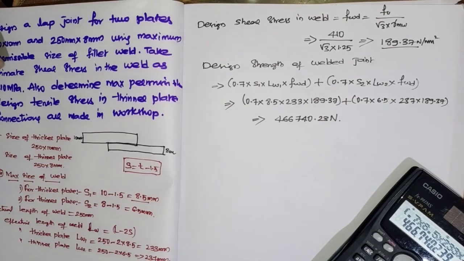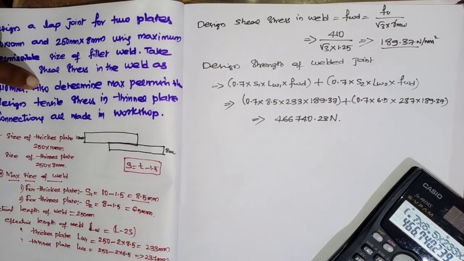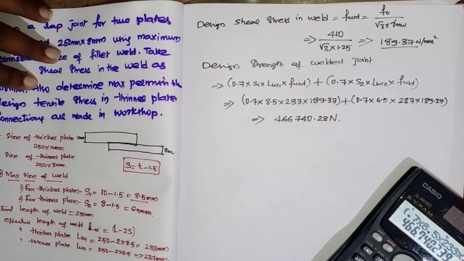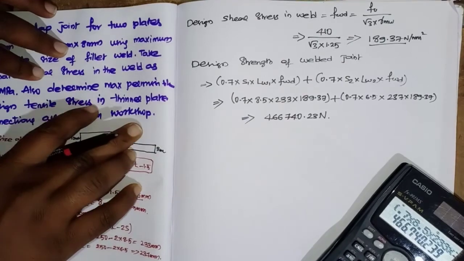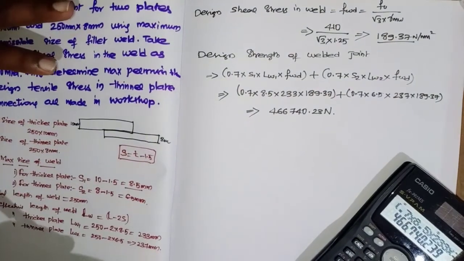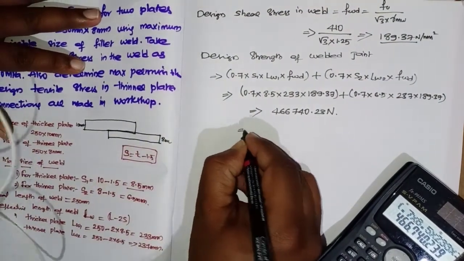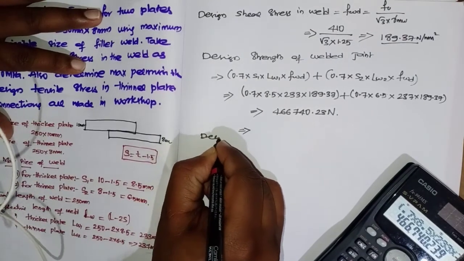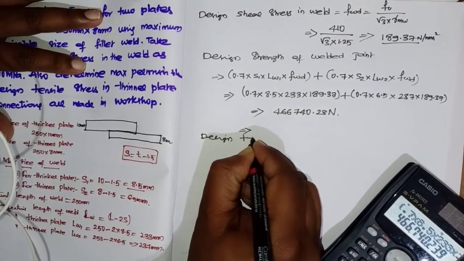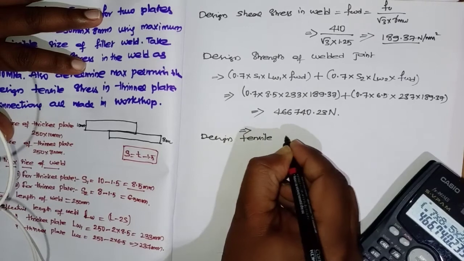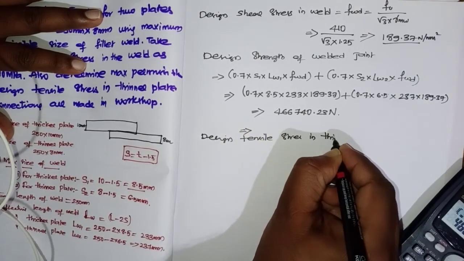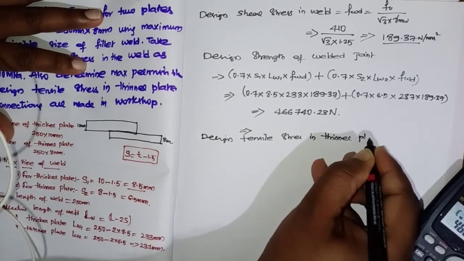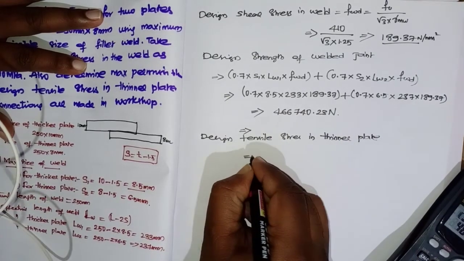Next, he also asked to design the maximum permissible design tensile stress in the thinner plate. Design tensile stress in the thinner plate is equal to what?